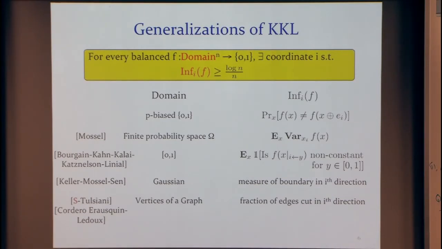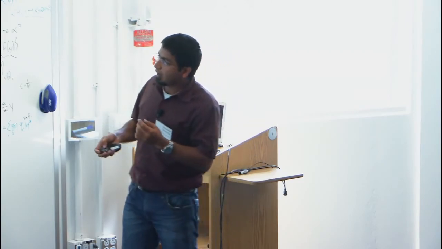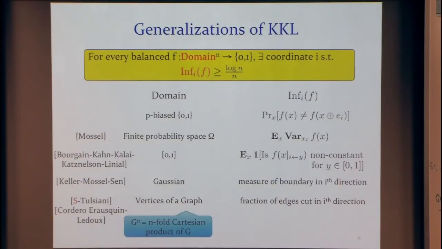The rest of the talk will be about the discrete case, and in some sense, the most general topological notion of a boundary in a discrete case is given by a graph, and that's what we'll talk about. So a domain will be the vertices of a graph. Each coordinate is a vertex from the graph, and for a graph raised to the power n, we will study the Cartesian product, which I will define very soon.